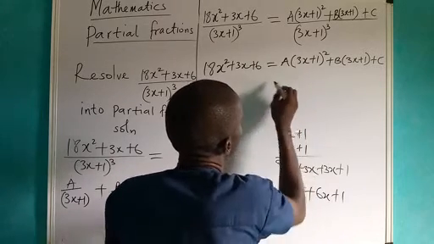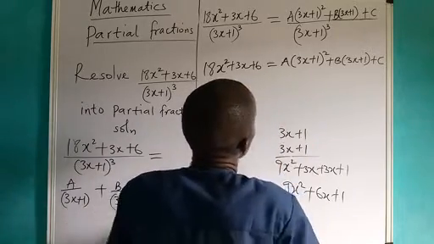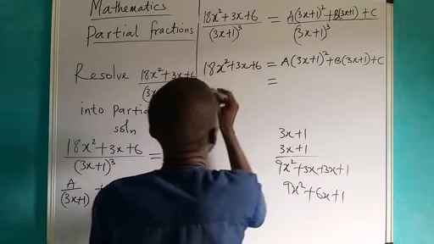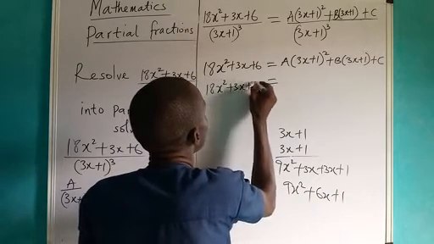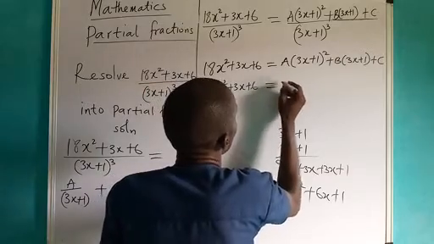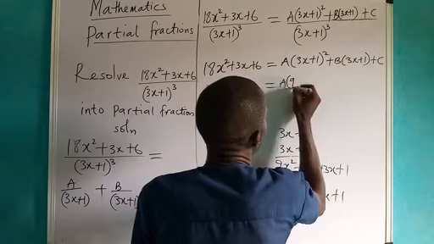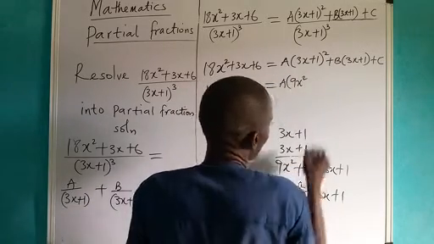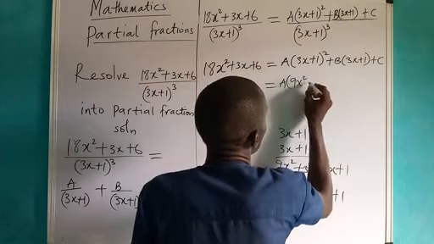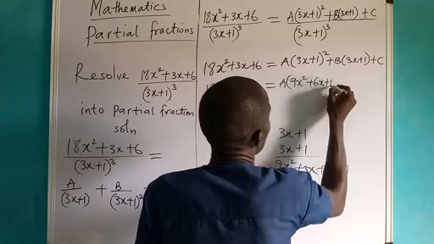It means that if I expand this one, let me repeat this side: 18s squared plus 3s plus 6 equals a, open bracket, 9s squared plus 6s plus 1.